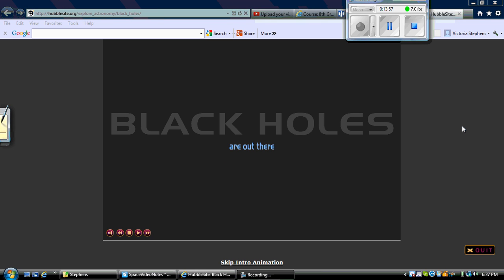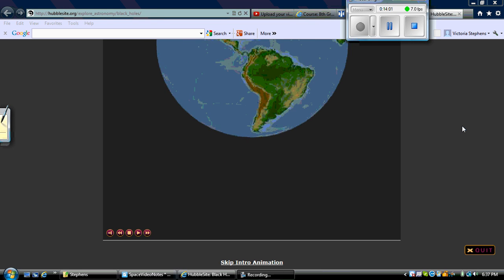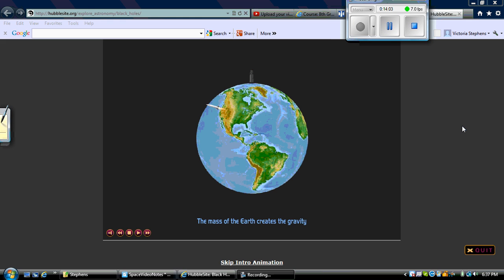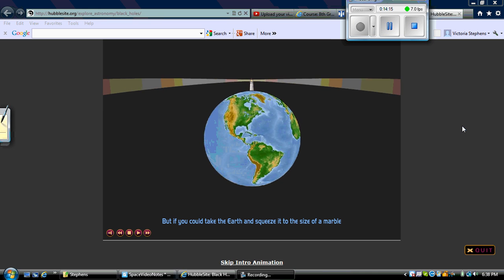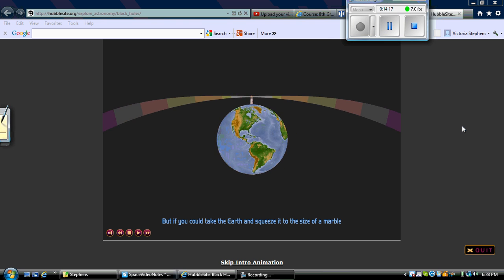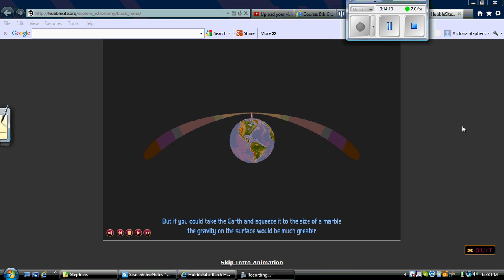Are out there. But what are they? The mass of the Earth creates the gravity that pulls things to the ground. With enough power, we can escape that gravity and leave the Earth behind. But if you could take the Earth and squeeze it to the size of a marble, the gravity on the surface would be much greater.